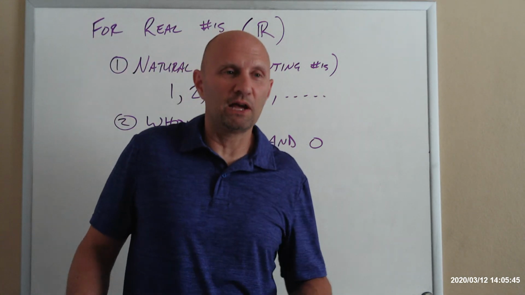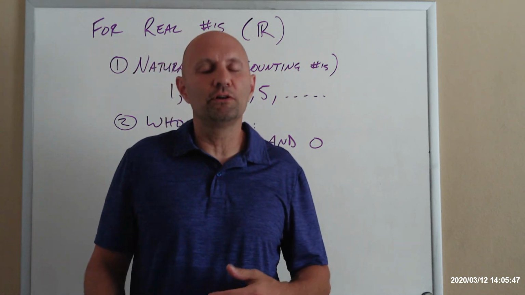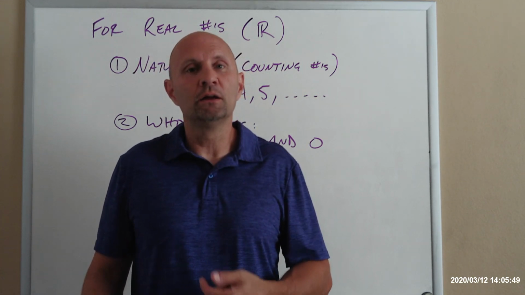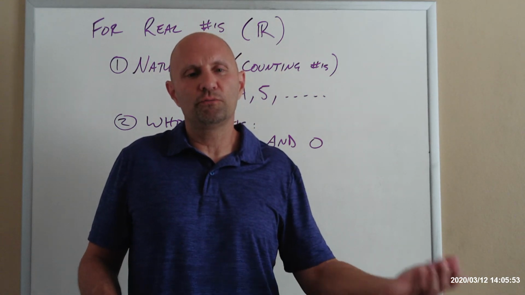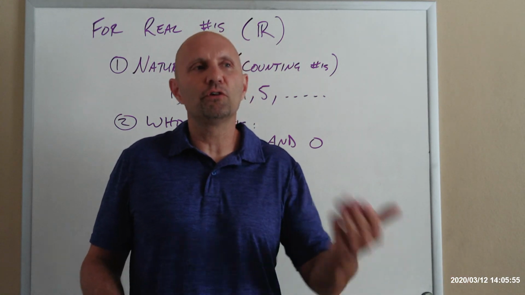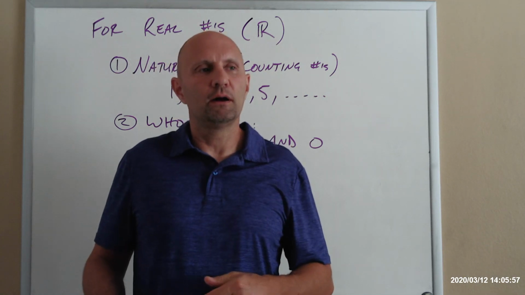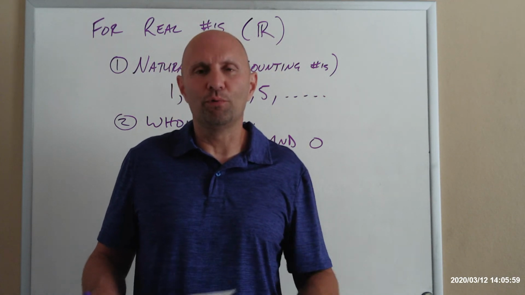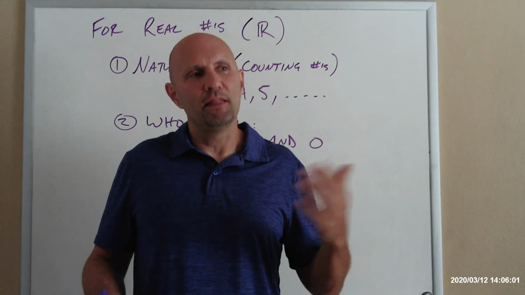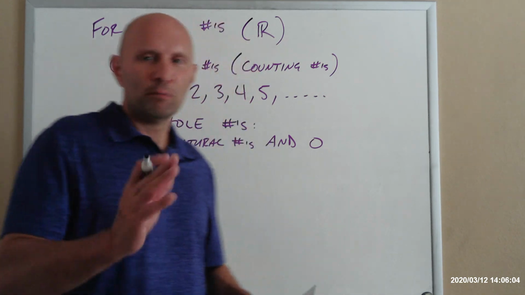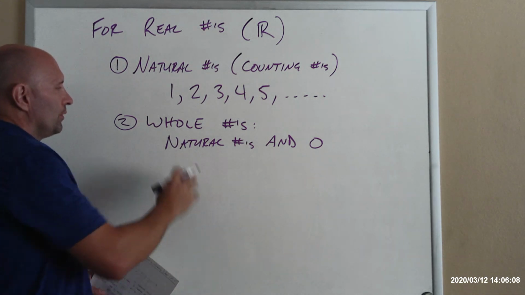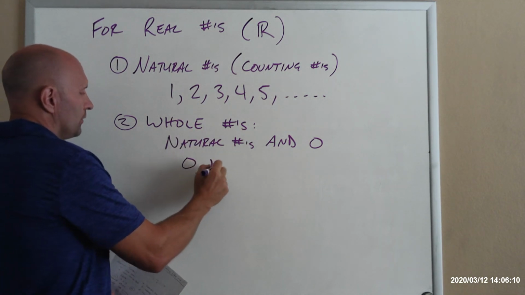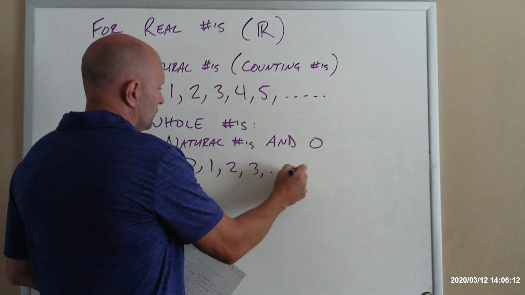Depending what class you take, depending who your instructor is, depending what book you're using, sometimes people will classify whole numbers or natural numbers with a 0, some without a 0. So they may include 0 or not. But for our purposes, our natural numbers are 1 and going upward. Whole numbers are starting at 0, and then all of the natural numbers.